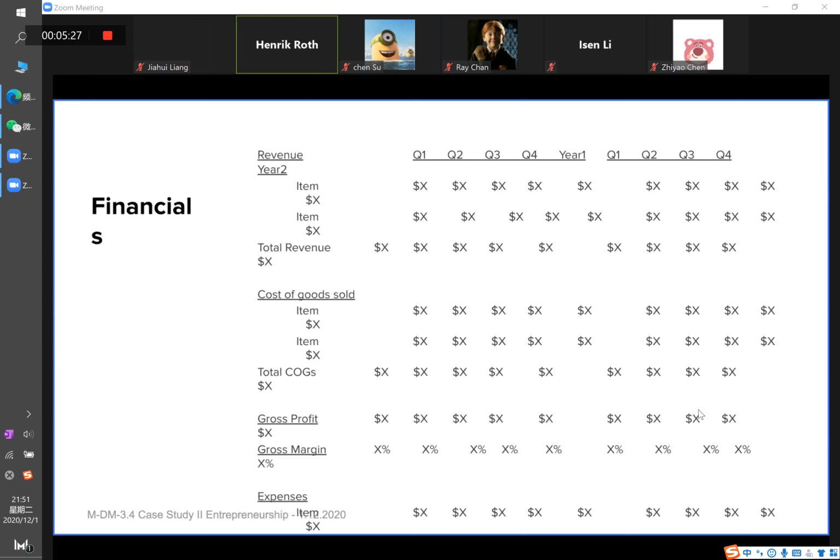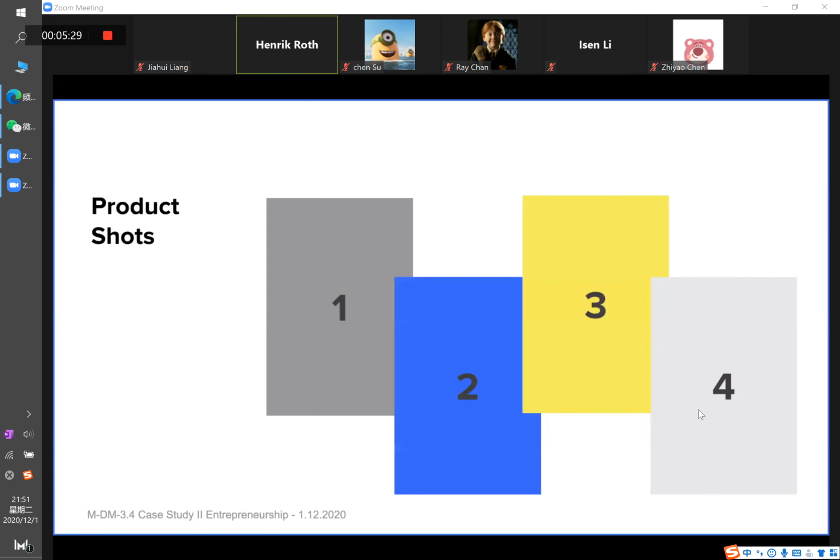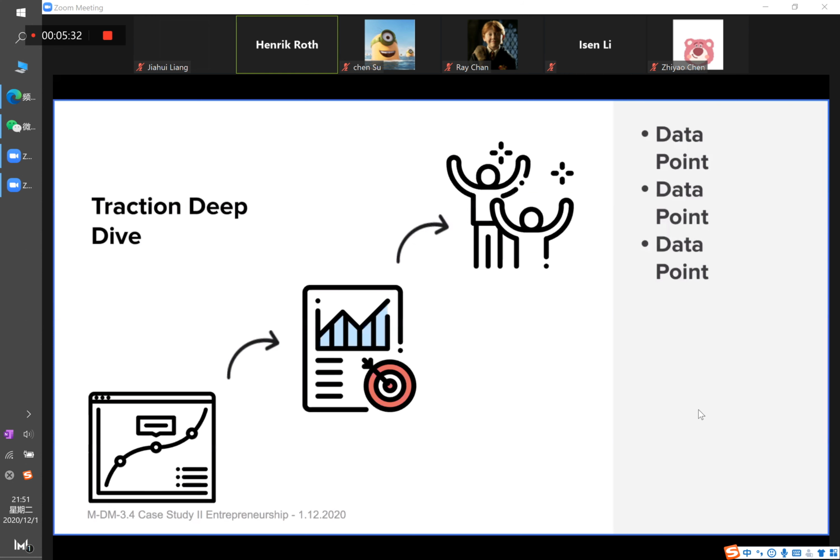Potential way of showcasing the financial plan, like we did last time, some more product shots, and also the traction deep dive. So this goes more into your question, Chen, at the beginning. If we don't have any real data yet, so if we are only having, let's say, the customer interviews and so on, what are we supposed to actually then show in the pitch?